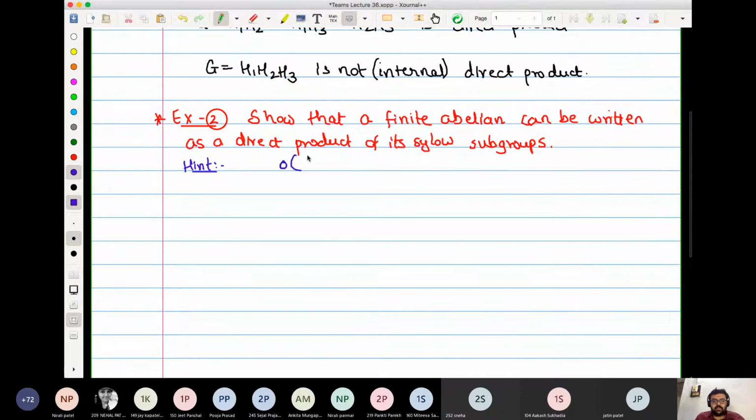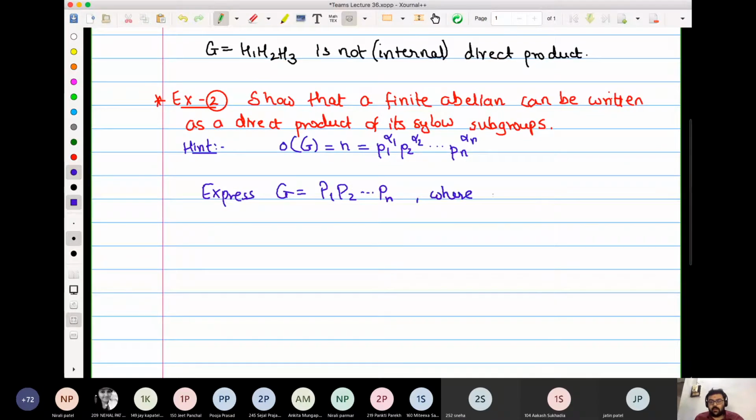So the hint is that if the order of G equals n, so n we can write as, let us say, p1 power alpha 1, p2 power alpha 2, and pn power alpha n. Right. So what is a p1 Sylow subgroup? Highest prime power order of p1. So we have to express G as G equals P1, P2, and Pn, where Pi is the ith prime.